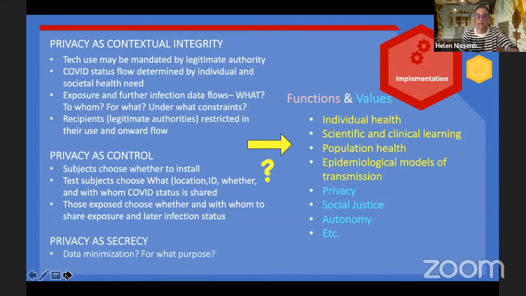And the argument here is that there's not a trade-off, there's no conflict, because once we decide what the appropriate flow is, and that is based on what it is that we need to achieve with these apps and APIs, then the most important thing we need to achieve as a policy matter is to restrict the recipient of the information, to be very transparent and very clear about what the recipients of the information can do with the information.